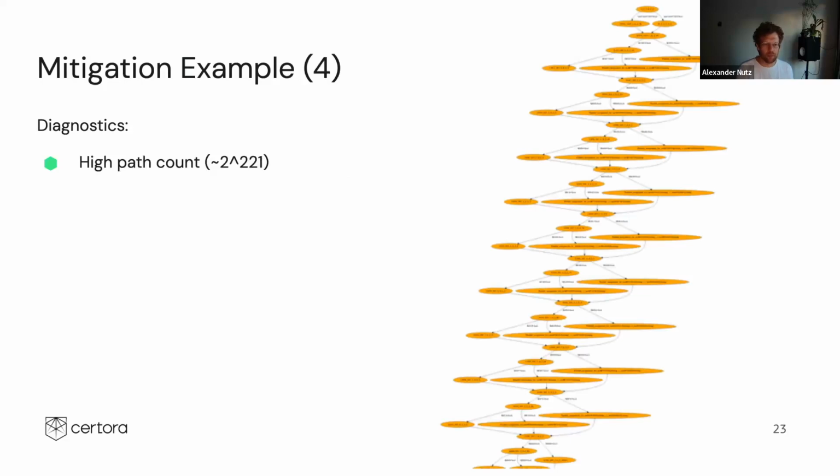Then another example, last of my examples, is one where we actually had a high path count. So 2 to the 200 is, let's say, I haven't seen an example where we actually succeeded on such a big problem. And we also observed this shape in the control flow graph, right?